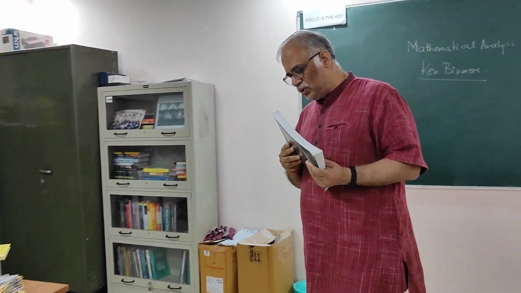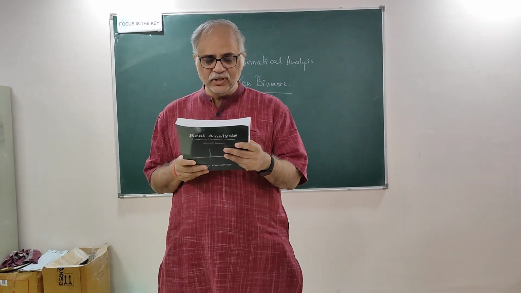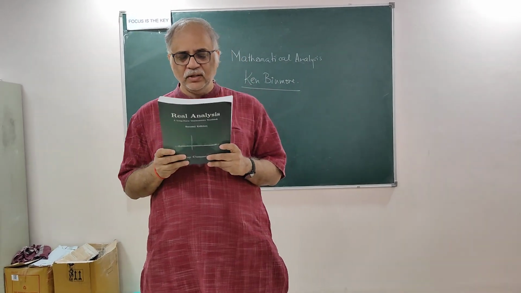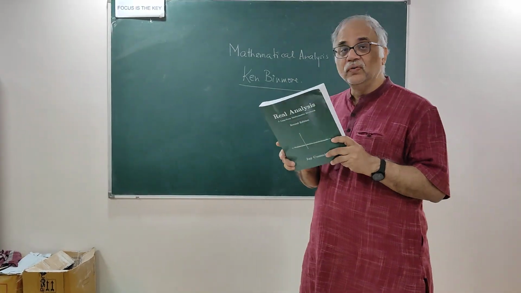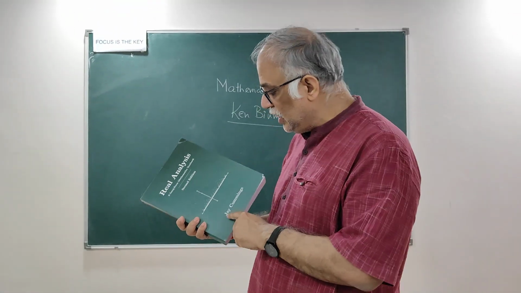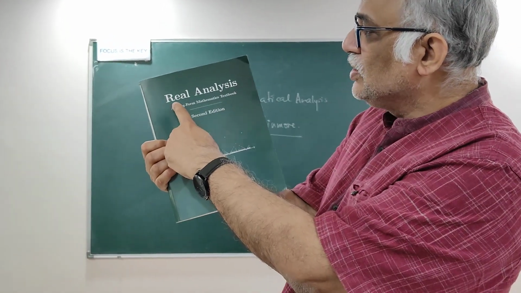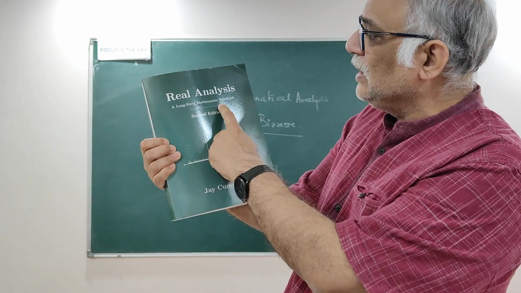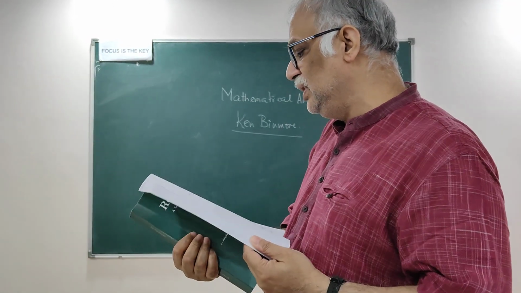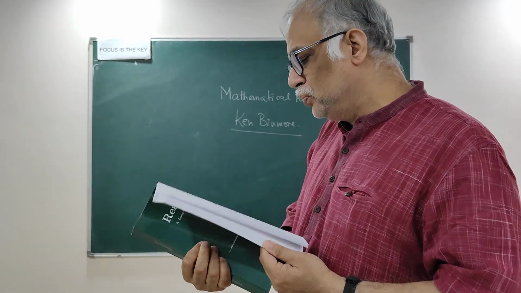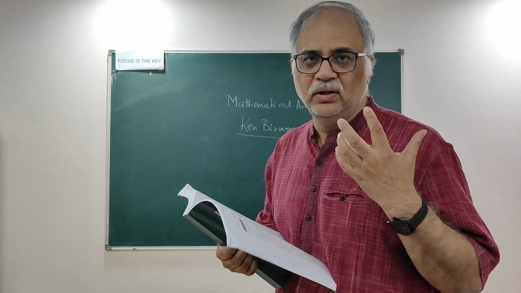Another book, which is not published but self-published by the writer himself, J. Cummings, a mathematician at the Department of Mathematics and Statistics at California State University, Sacramento, has written this very big book. It's called Real Analysis, a long-form mathematics textbook. If you can get your hands on this, it would be my book for those who think they are very weak in real analysis.